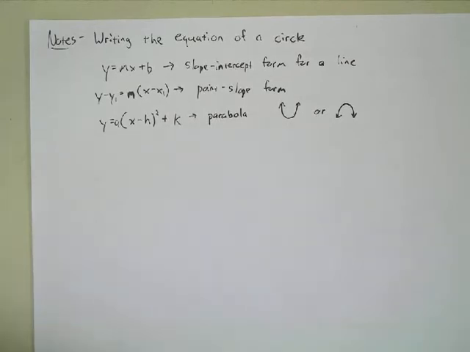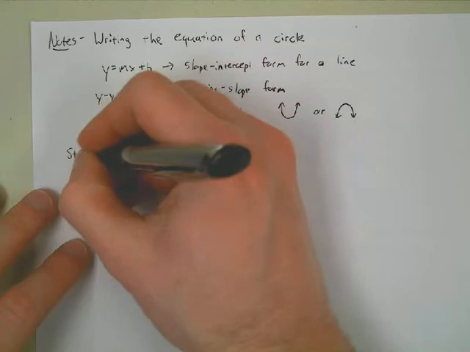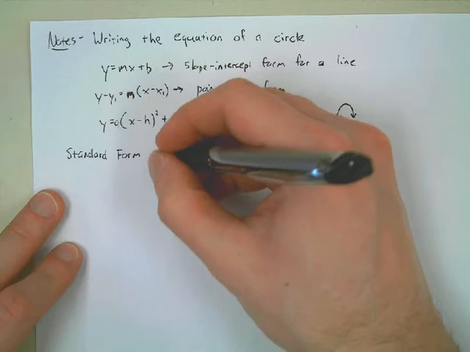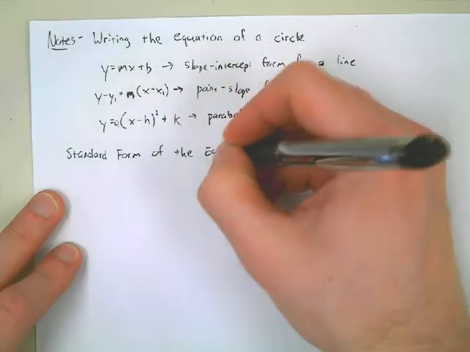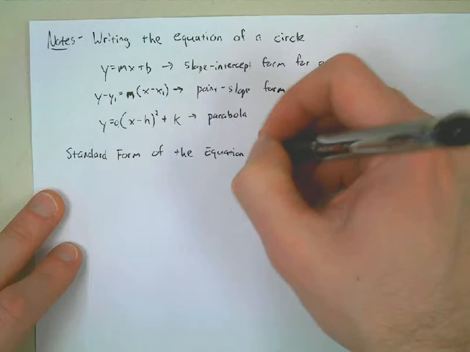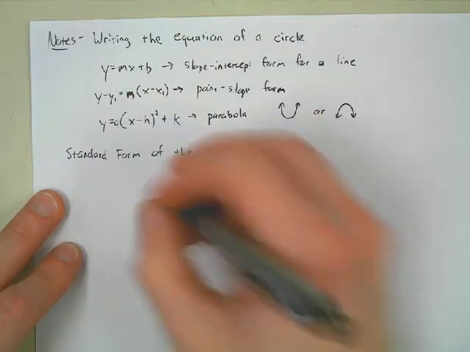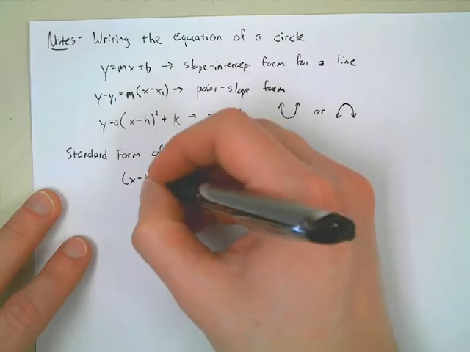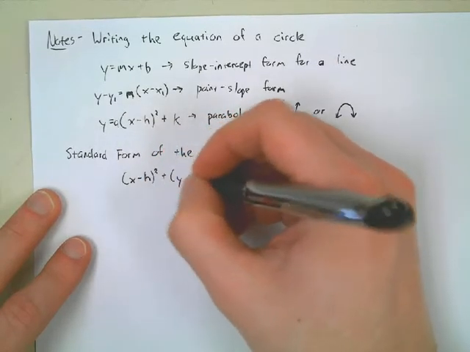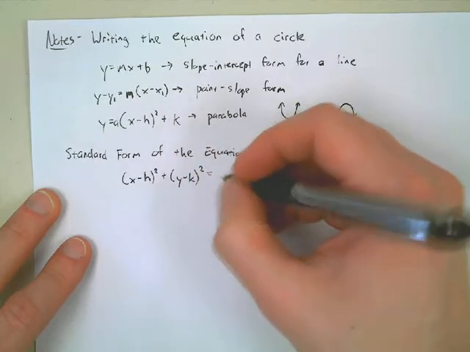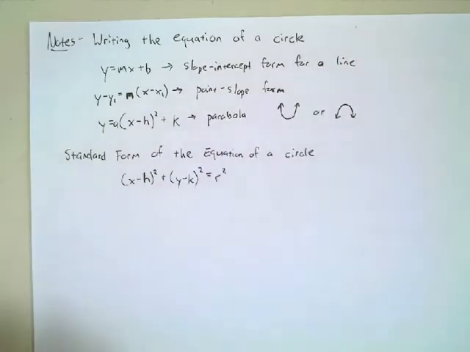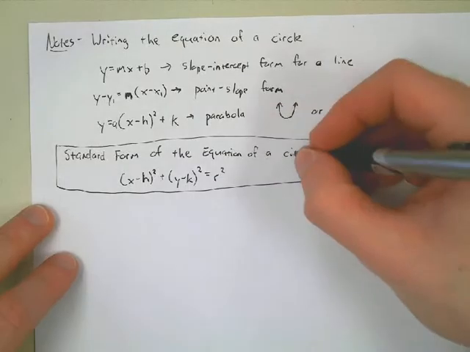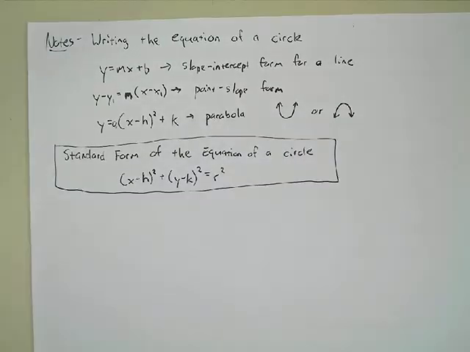And so the standard form of the equation of a circle is x minus h quantity squared plus y minus k quantity squared equals r squared. And so that's our key, big concept we're going to be looking at.